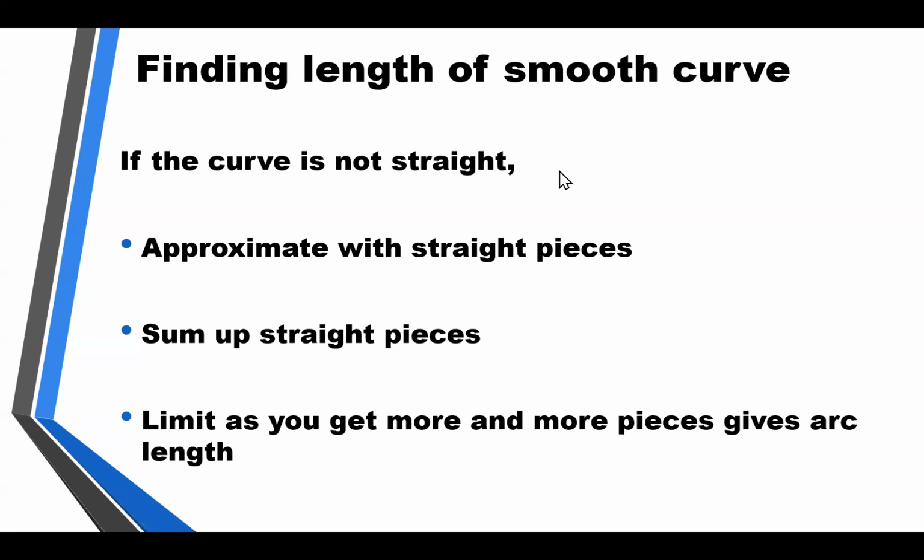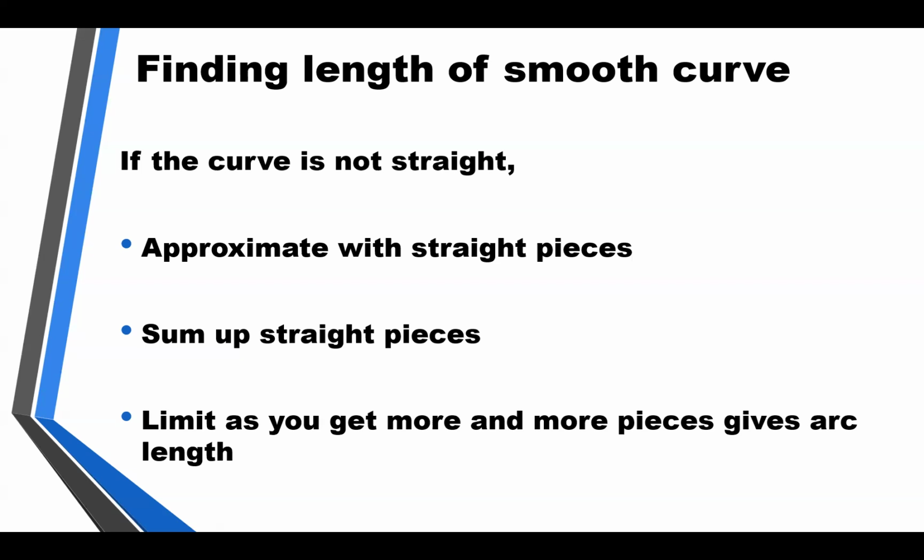So if we are dealing with a straight line, then we can just use the distance formula or the Pythagorean theorem to find the distance of that straight line from one point to another. However, if our curve is not straight, I'm going to approximate with straight pieces. So I cut it up into a lot of little sections and approximate the length with a straight piece.